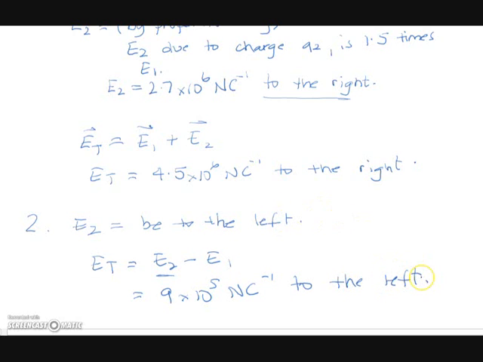Just imagine yourself sitting in that little point X, and which push or pull you would experience from each of those two charges. So hopefully that makes sense. Make sure that you write down any questions that you have and we can clarify this in class, but hopefully that has helped to clarify the process behind superposition.